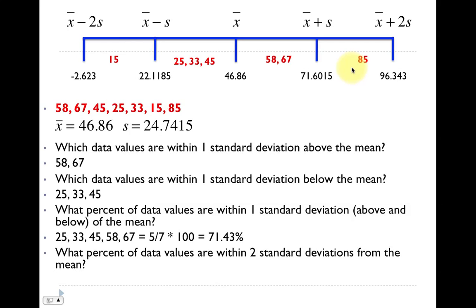And the 85 falls between 71.6015 and 96.343. So all the data values, 1, 2, 3, 4, 5, 6, 7. 7 out of 7, all of them, 100%, fall within two standard deviations of the mean. So the answer to that question is 100%.